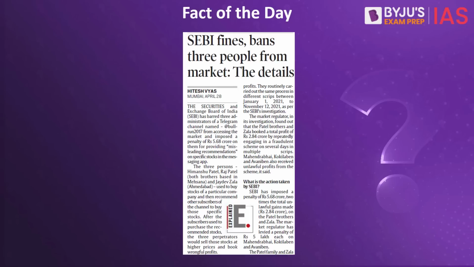This is what is happening in the present situation, where about three individuals were guiding people to invest in the stock market. They did give suggestions as well, and over a period of time people started investing in a particular company. They made a huge amount of profit, and they immediately withdrew from that share. So this is what has happened in the present situation.